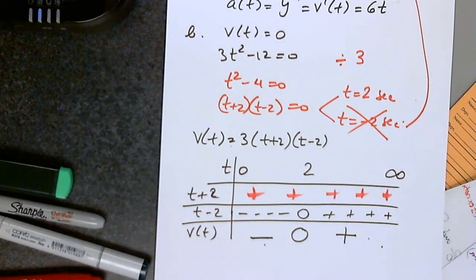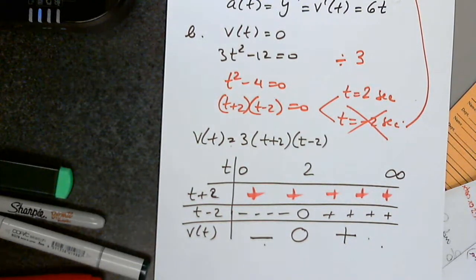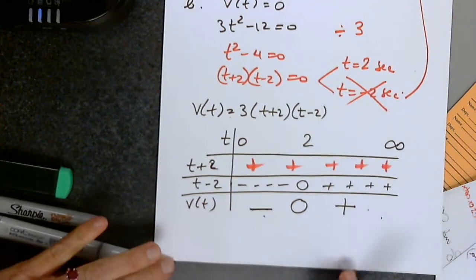So I was asked to identify when the particle is moving up and when the particle is moving down. So what will you say? The particle is moving up or down, whatever you want to start.